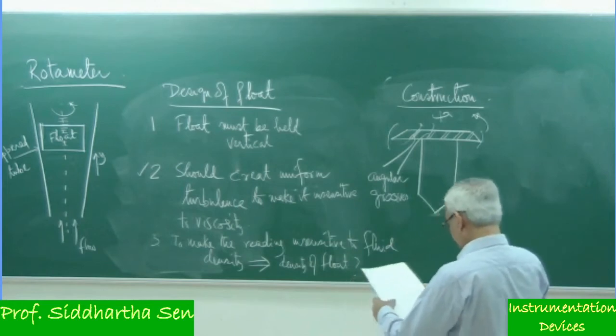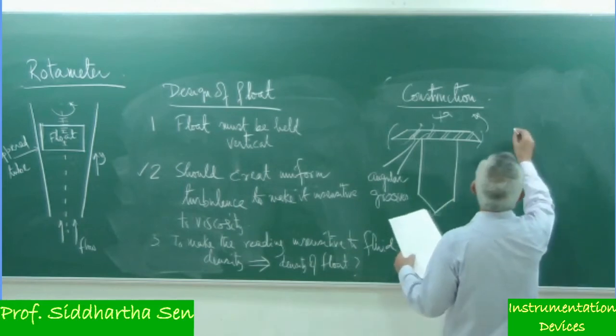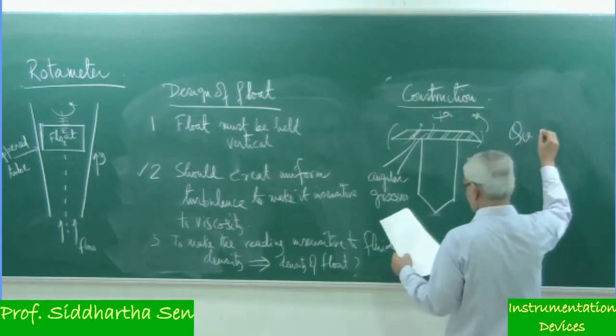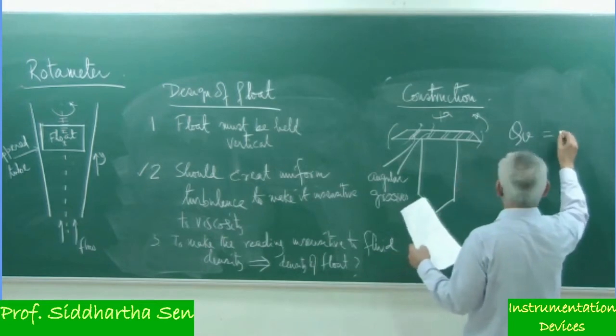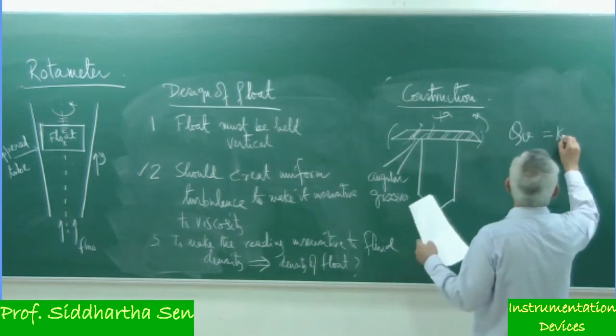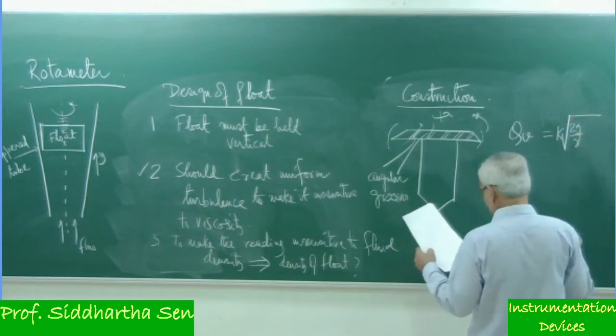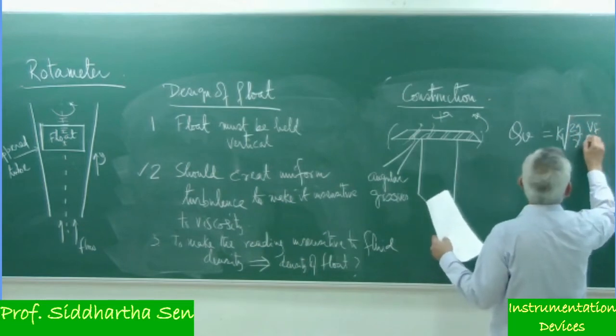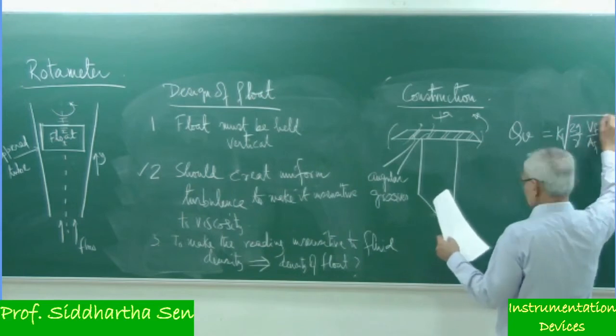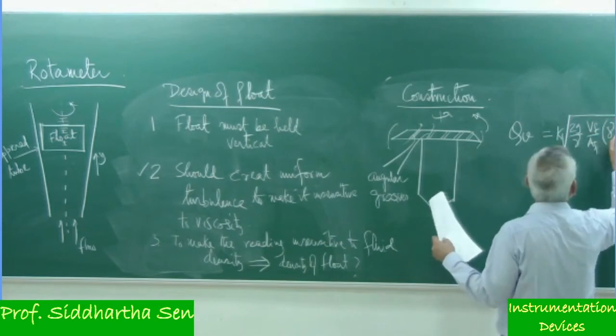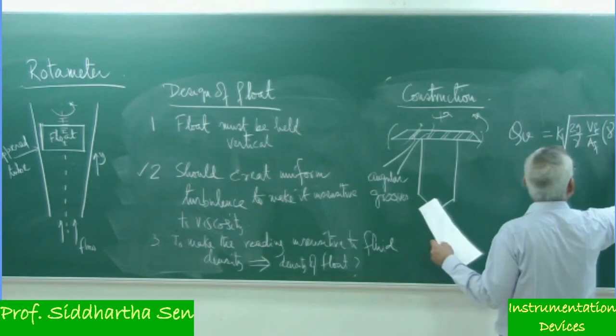If we recall once again the expression, QV is equal to some constant into root of 2g by gamma into Vf by Af into gamma 1 minus gamma 2.